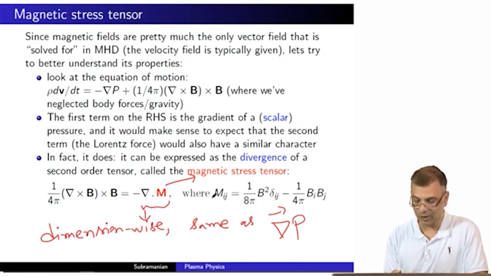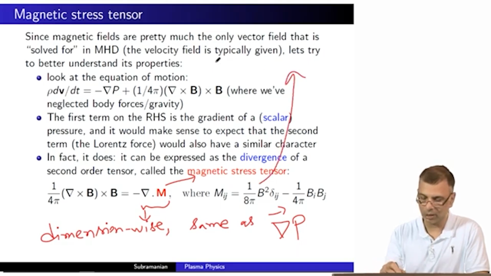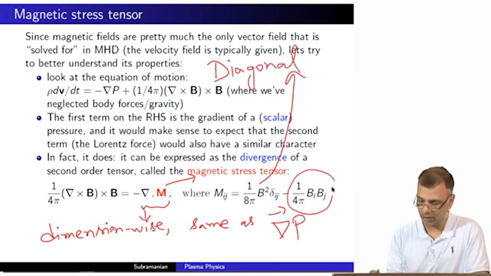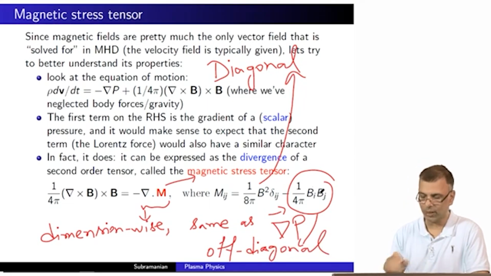And the ijth element of this tensor is given by 1 over 8 pi B squared delta ij. So these would be the diagonal terms, and these would be the off diagonal terms, these B_i B_j.